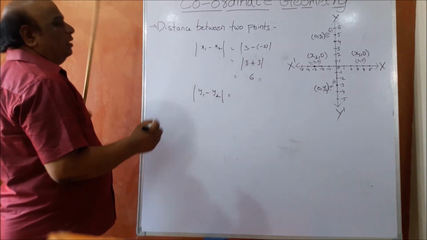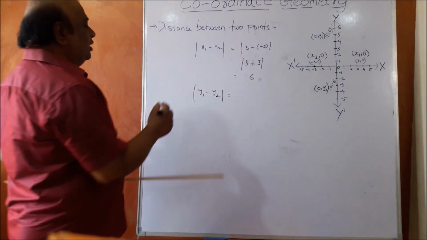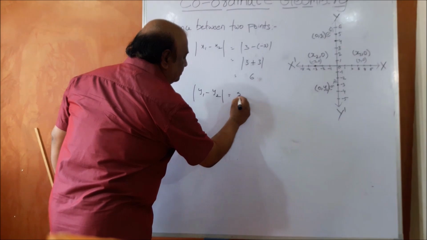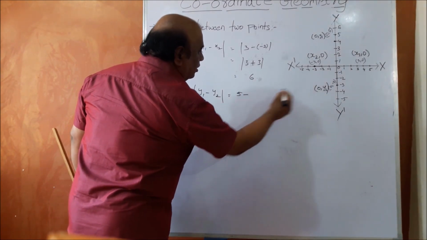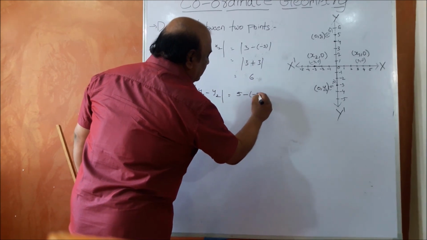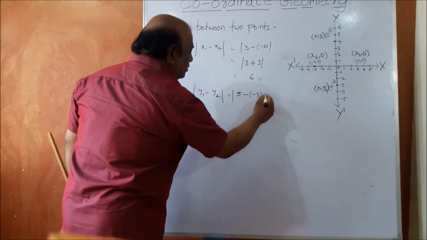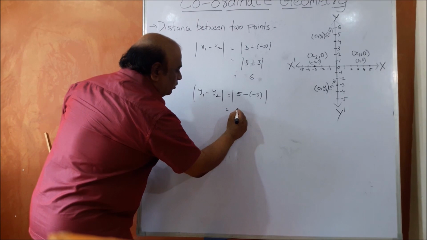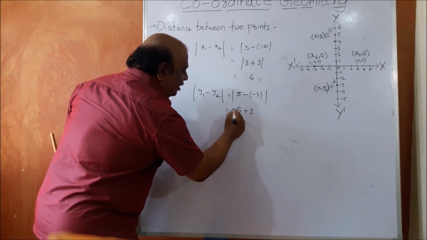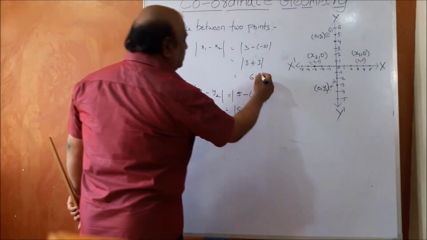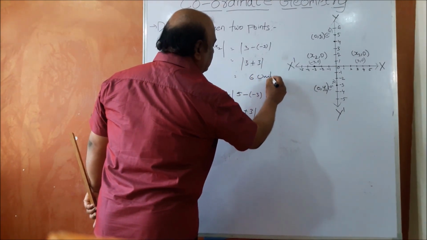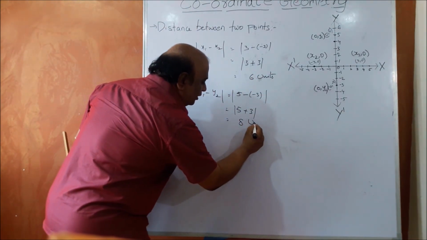That is, y1 means you should take 5, minus of minus 3, modulus of 5 plus 3, this is 8 units.